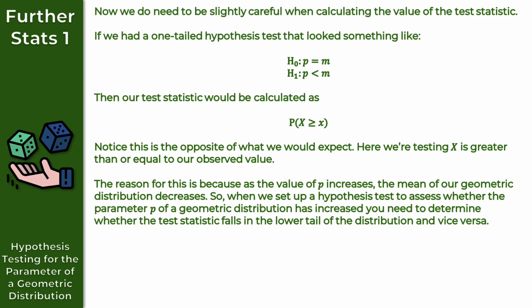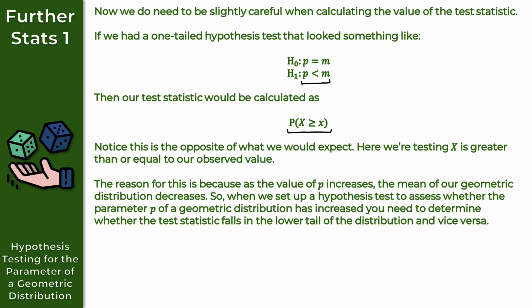So when we set up a hypothesis test to assess whether the parameter p of a geometric distribution has increased, you need to determine whether the test statistic falls in the lower tail of the distribution, and vice versa. It's an important point to make, so do be aware of that. So if p is less than m, we test for the probability that X is greater than or equal to some value, where this value is our observed value.